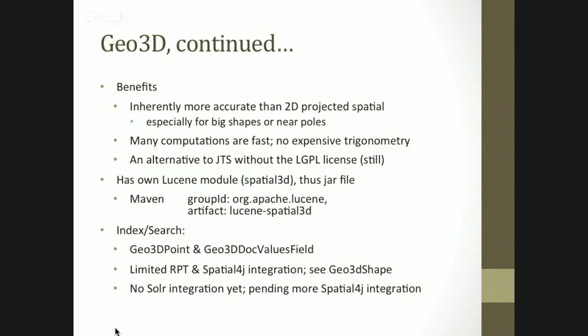So the benefits of Geo3D, believe it or not, it was not written originally for the benefit of spherical accuracy. It was written for speed. Internally it's called Geo3D, not because it represents everything in 3D space. It does not. It only represents things on the surface of a sphere, and eventually it was adapted to ellipsoid as well, but we'll just say sphere.